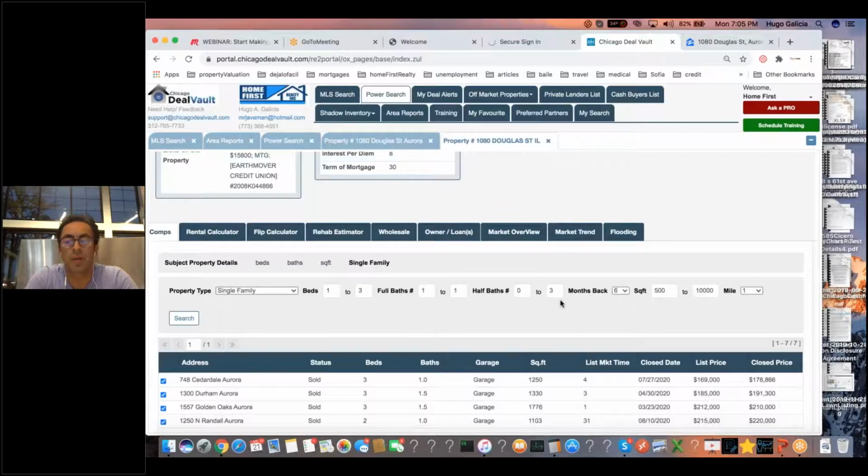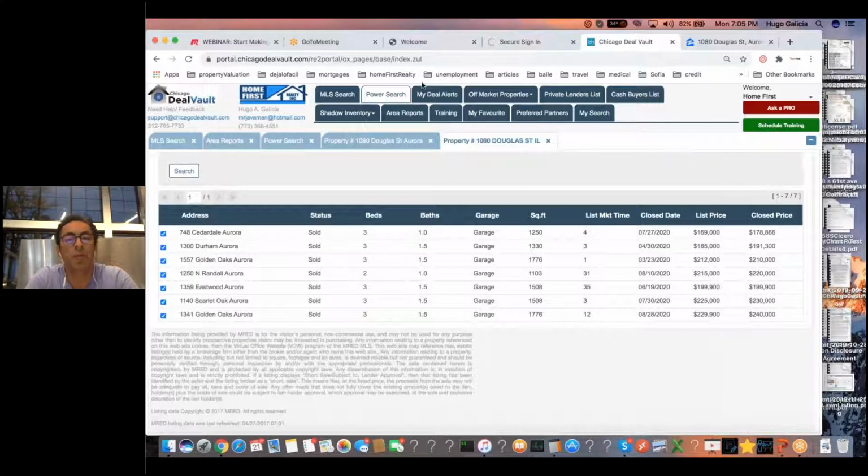Okay, so they came back. These are all 3-bedroom, 1 and 1.5 bath. Let me check the prices. So they're selling quite high.